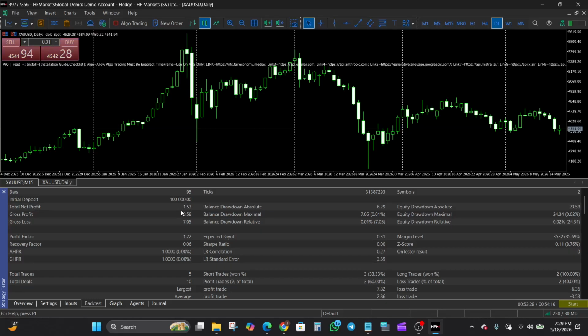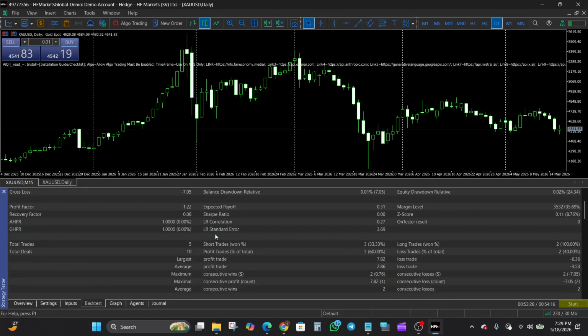This should be probably 0.01% or so. The largest profit trade was $7.82. The largest losing trade was $6.36. The average profit was $2.86, and the average loss was $3.53. So the risk to reward ratio is not even good enough.